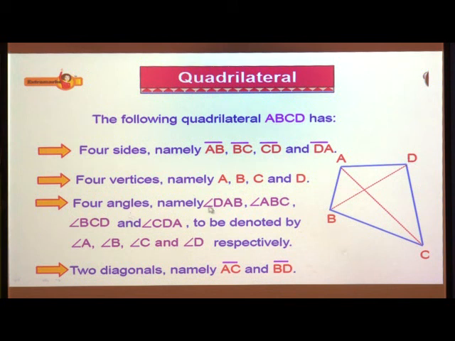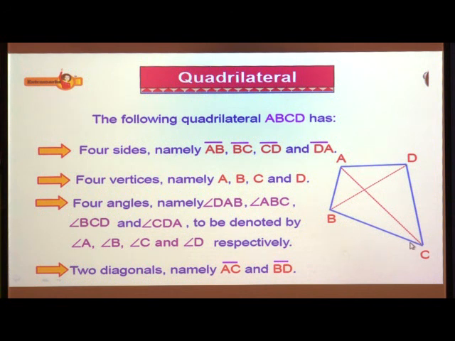It has 4 angles, namely angle DAB, angle ABC, angle BCD and angle CDA, to be denoted by angle A, angle B, angle C and angle D. As we have seen, a quadrilateral has 4 vertices, so 4 angles are also formed.